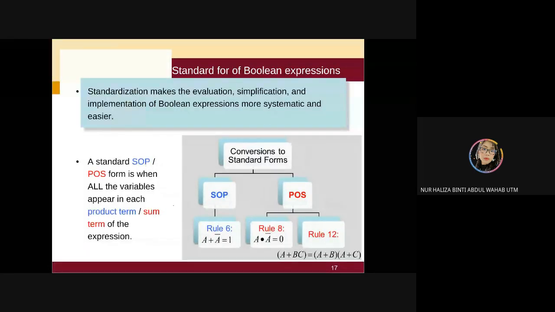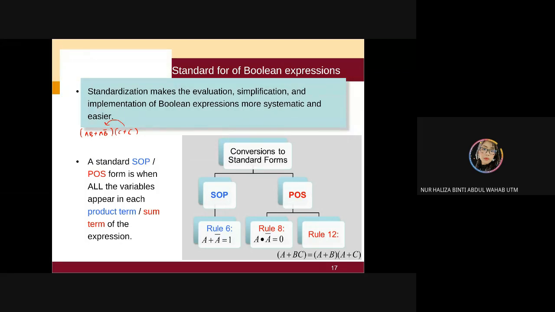Okay, so you can see over here, because of this, AB plus AB bar, make sure you factorize it, because the C plus C bar refers to all, going to multiply with all. That's why please make sure you look carefully. Although you know, okay, I'm going to use rule number 6, so I just apply that and do it.